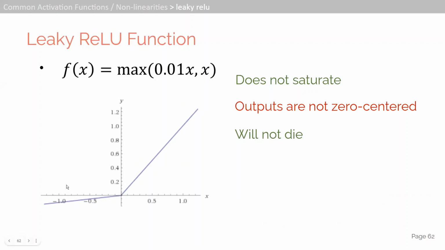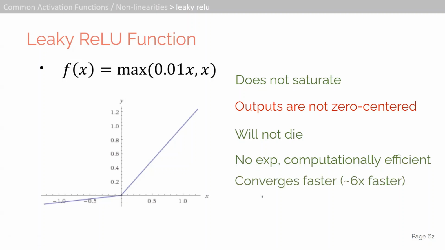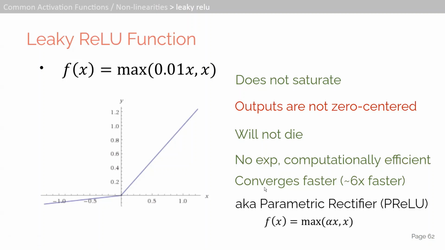If it is negative, then you'll just have a very low gradient. Low output, but it won't die, unlike ReLU, where it just becomes 0. And similar to ReLU, it is computationally efficient.